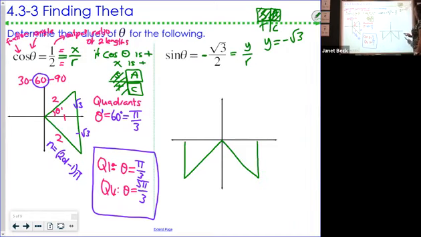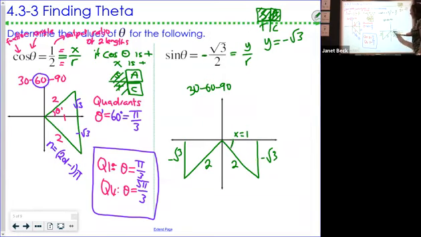And we know the sine, the y is negative, the square root of 3. And we know the r is 2. So the third side there, we can tell just looking at it, those are 30, 60, 90 triangles, because we should know those so well. And the x would be 1 and negative 1 on that one.